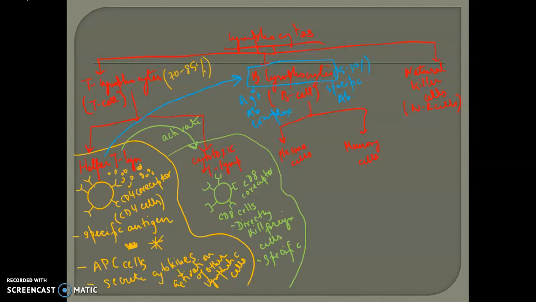Okay, so once activated, the B lymphocytes can form either plasma cells or memory cells. The plasma cells secrete antibodies.